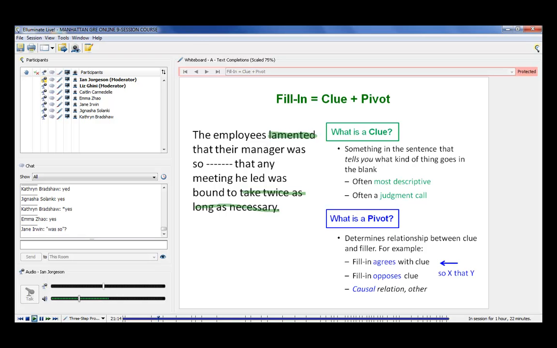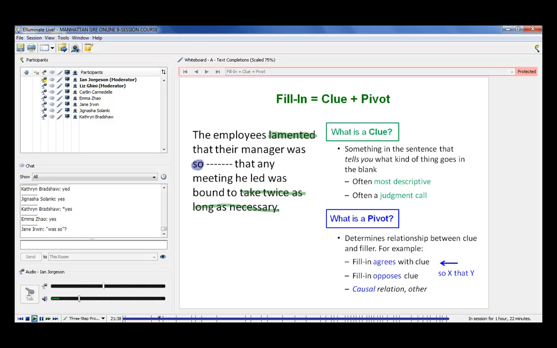The word so, in this case, means something of extremeness. He is so blank. He is so smart. He's a genius, right? So it helps us understand that it's not just a minor thing. It's actually a stronger word there, but it also means it agrees with the clue.